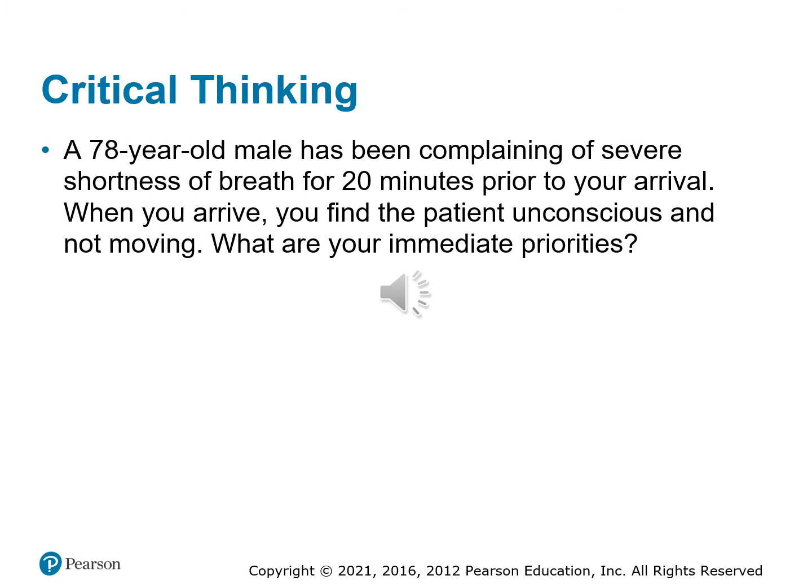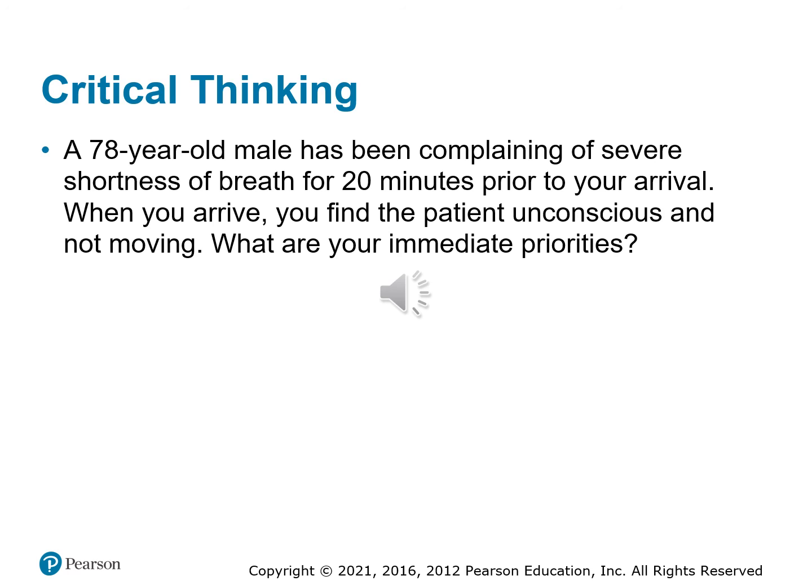We can identify if the patient has a pulse or if they are breathing. We want to begin high quality CPR if the patient does not have a pulse. We're going to do compressions and ventilations at a ratio of 30:2 with a compression rate of 100 to 120. We want to find that AED and get it applied to the patient's chest as quickly as possible.